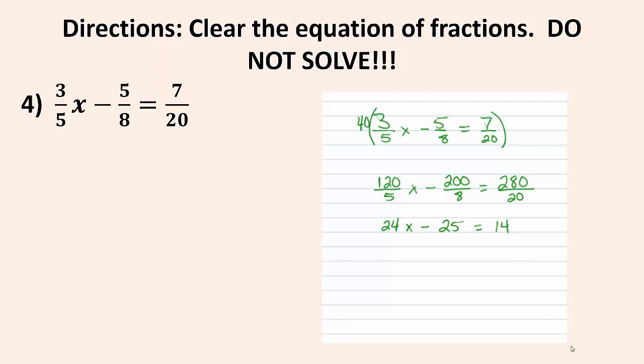Now, I don't know about you, but 24x minus 25 equals 14 looks a lot simpler to solve than what we originally started with. Now, let's do this option 2.